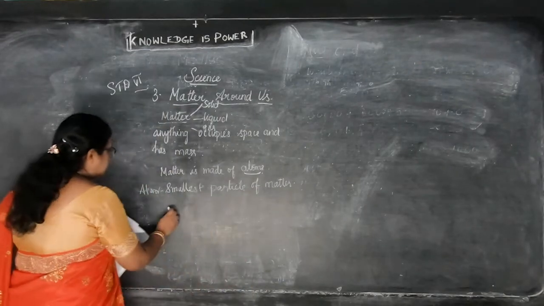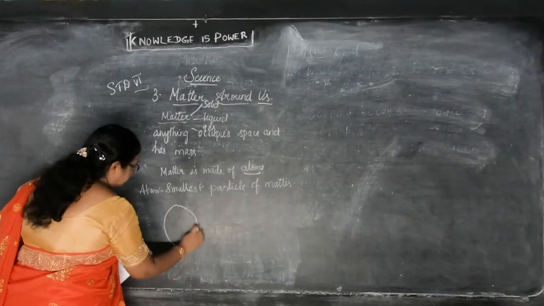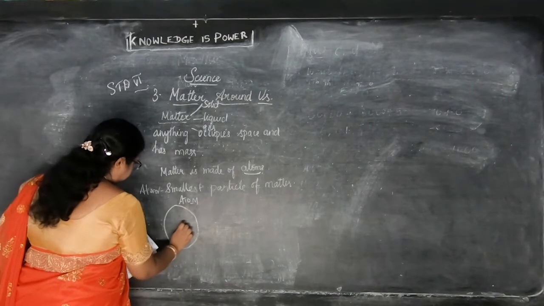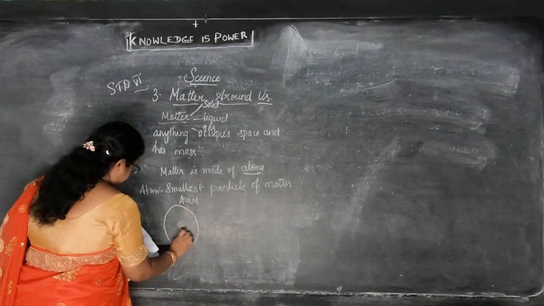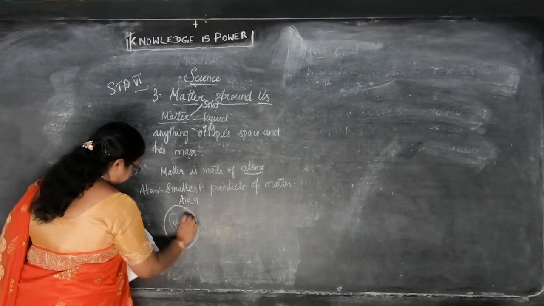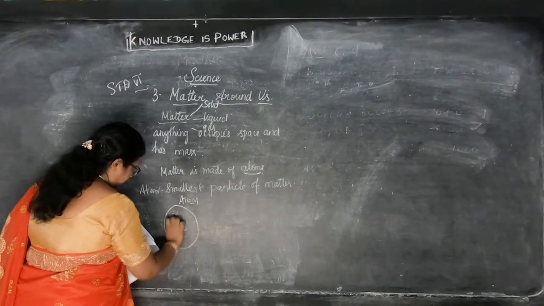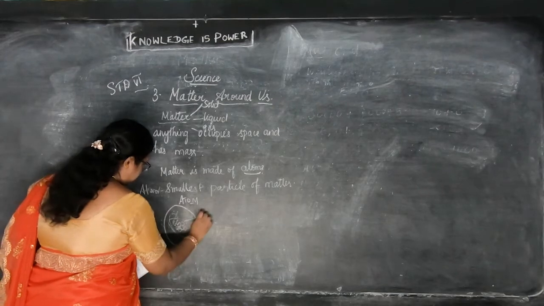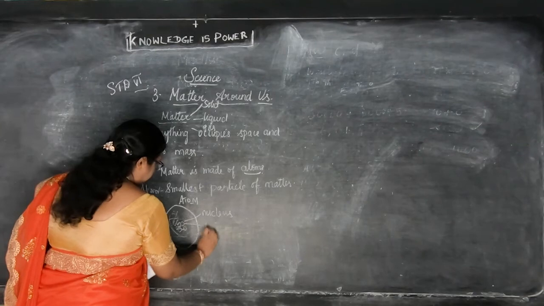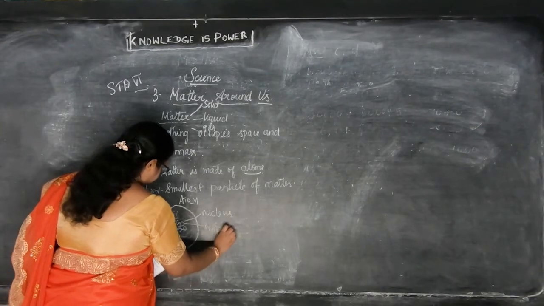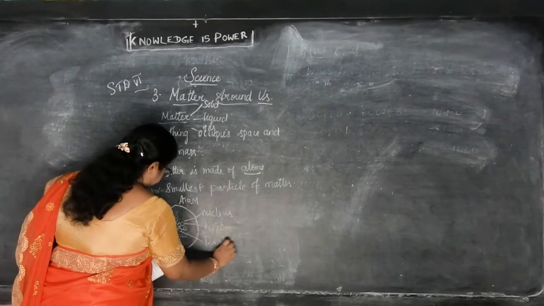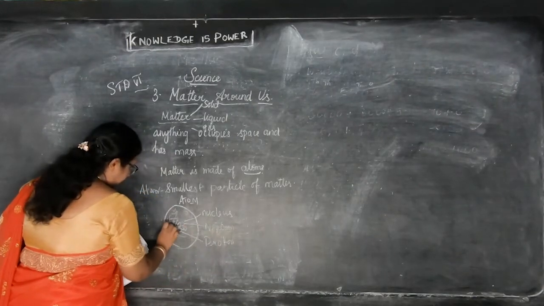So this is the atom, children. See here, this is an atom. Inside you have the nucleus. These are the neutron, and this is a proton and electron.